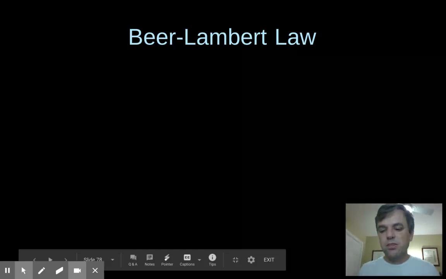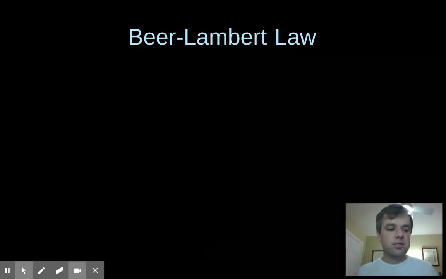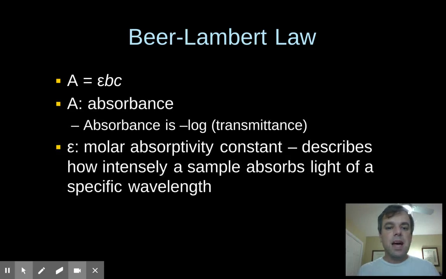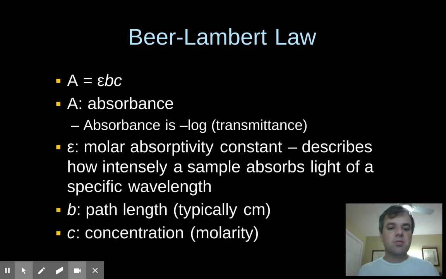So this brings us on to the Beer-Lambert law, which you've already worked with at this point. It says absorbance equals molar absorptivity times path length times concentration or molarity. Absorbance is the negative log of transmittance. That's not particularly important for this. You're never going to have to calculate absorbance from transmittance. The LabQuest does that for you.